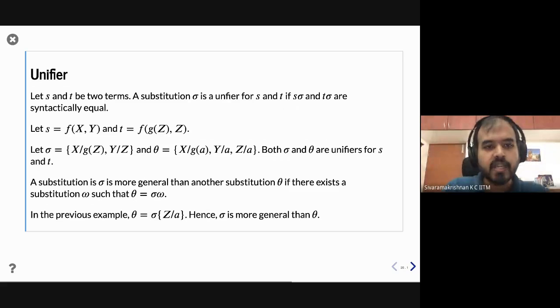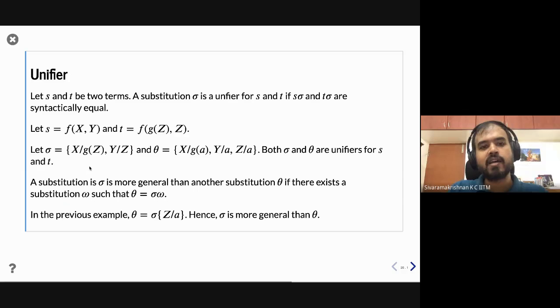So here is an example. Let the term S be f of x comma y, where x and y are variables, and the term T be f of g of z comma z.